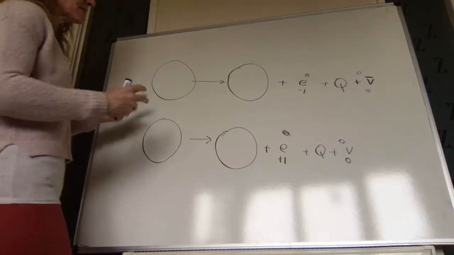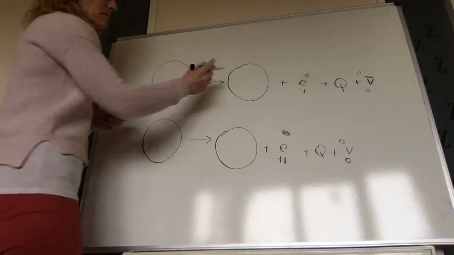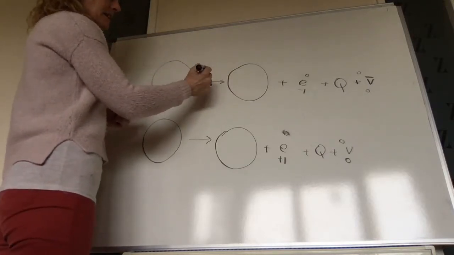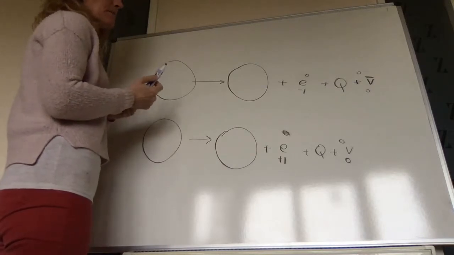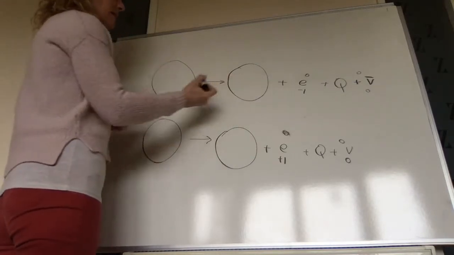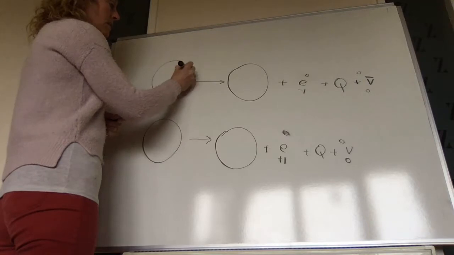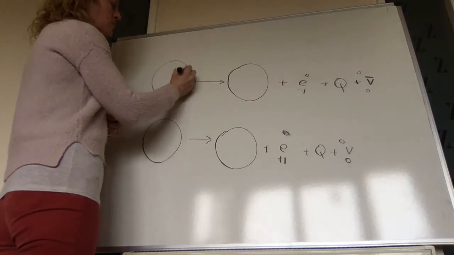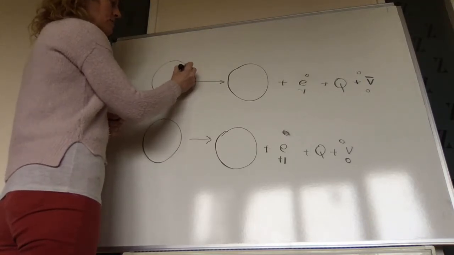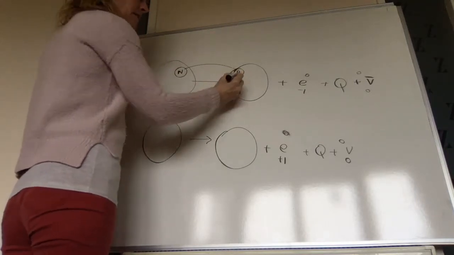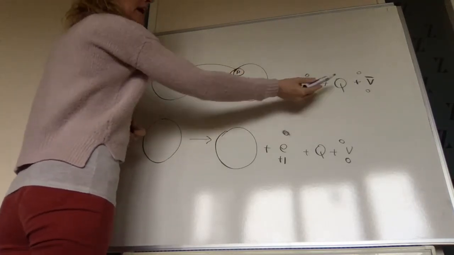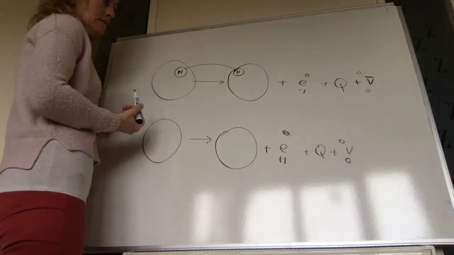So let me just revisit again, in beta decay, if it's a beta minus reaction, if you're going to get an electron, what happens in the nucleus? Remember, one of the neutrons will turn into a proton with the emission of the electron and the antineutrino, as it turns out now.